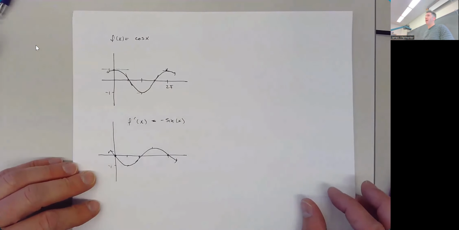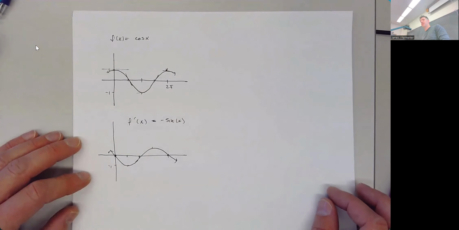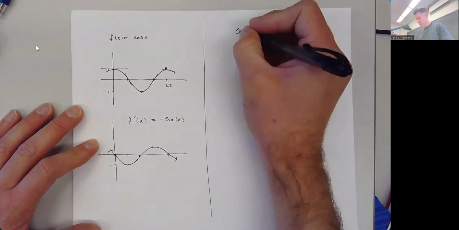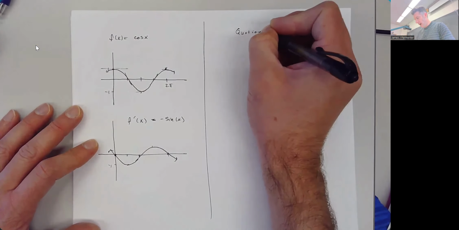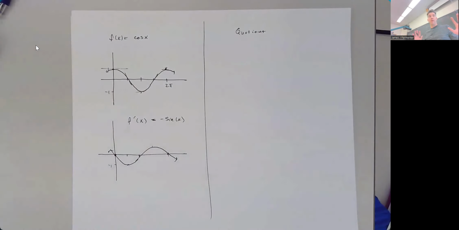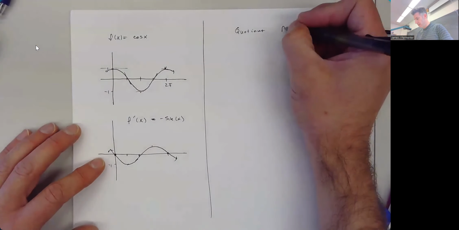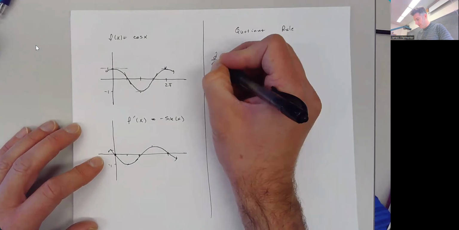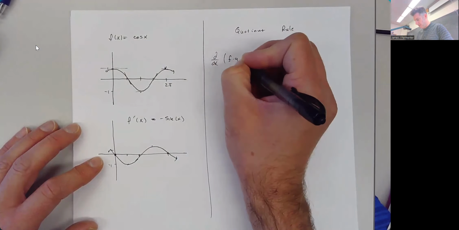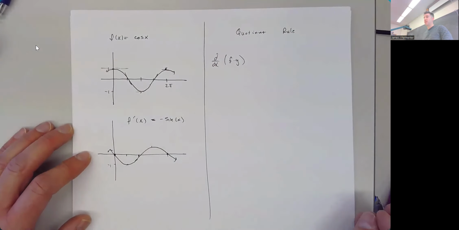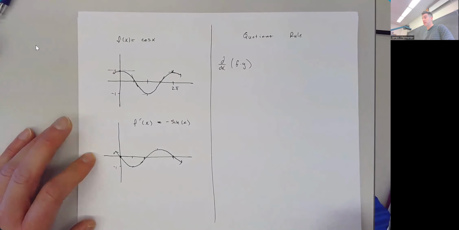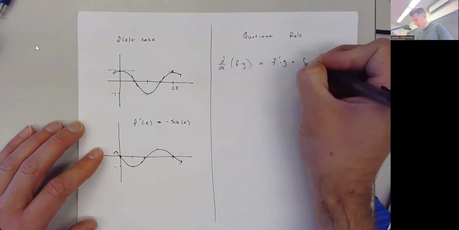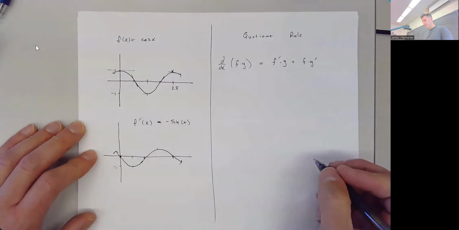Let's talk about the quotient rule so then we can talk about more interesting examples. I think of the product rule and the quotient rule together. So I remind myself that, first of all, the product rule, the derivative of f times g, which sometimes we write just f g instead of f of x times g of x, just because we're lazy, is f prime times g plus f times g prime.